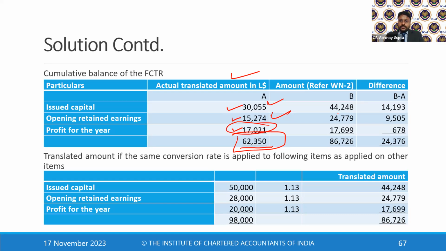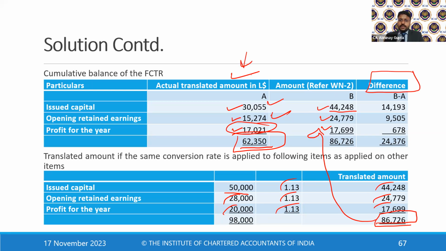Now, the issued capital of 50,000 is multiplied by the closing rate, then opening retained earnings multiplied by the closing rate, and then profit for the year multiplied by the closing rate. So this would be the amount, 86,726. Now 86,726 is put up here, and then we have come up with the difference.